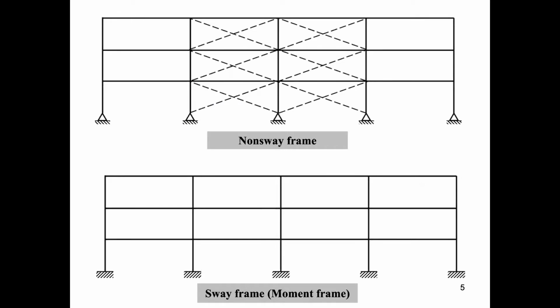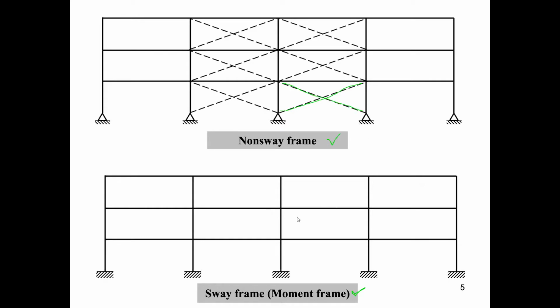Two types of structures have been considered in this chapter: non-sway frames or braced frames, and sway frames or moment frames. A non-sway frame is a frame whose ends cannot translate with respect to each other, which can be done using shear walls or diagonal steel sections.